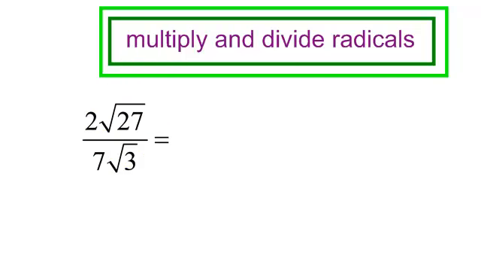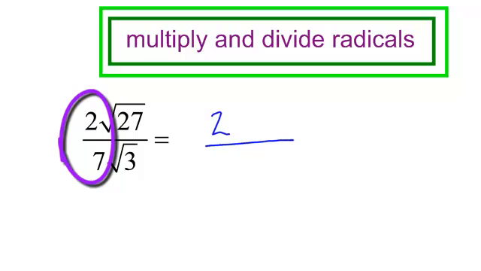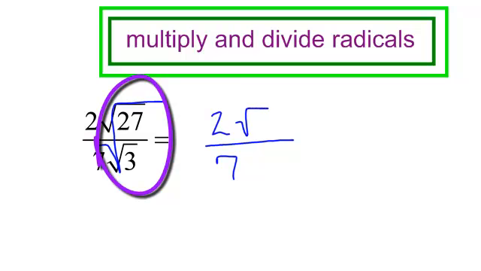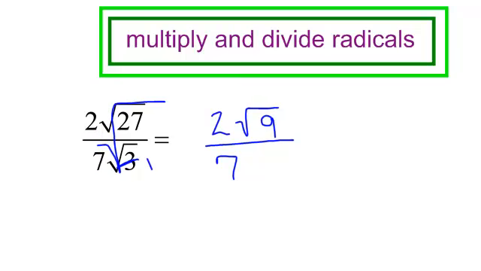Well, 2 over 7, that's outside the radical. I cannot reduce those. That will just remain 2 over 7. Remember, I could write this over one big radical if that makes you feel better, but 27 divided by 3, that would be radical 9, and that is in the numerator, or if you're wanting to cancel this, you could.